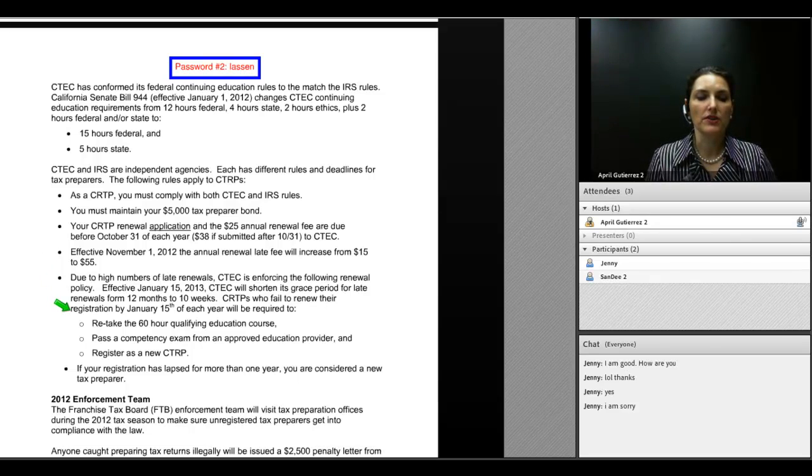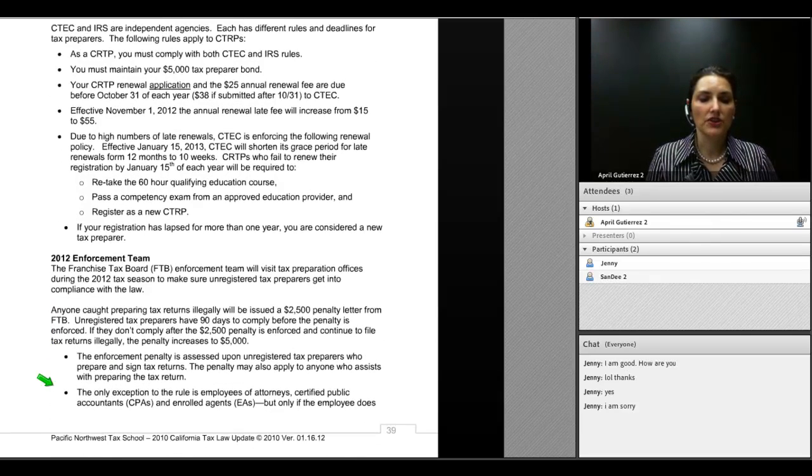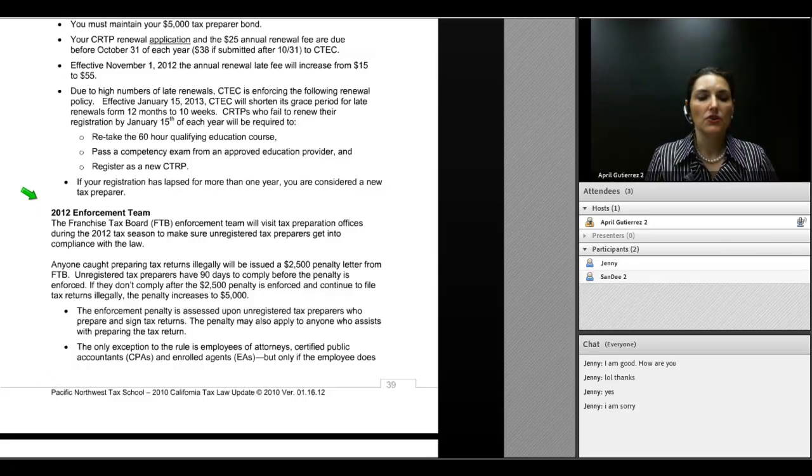CRTPs who fail to renew their registration by January 15th of each year will be required to retake the 60-hour qualifying education course, pass a competency exam from an approved education provider, and register as a new CRTP. If your registration has lapsed for more than 1 year, you are considered to be a new tax preparer.